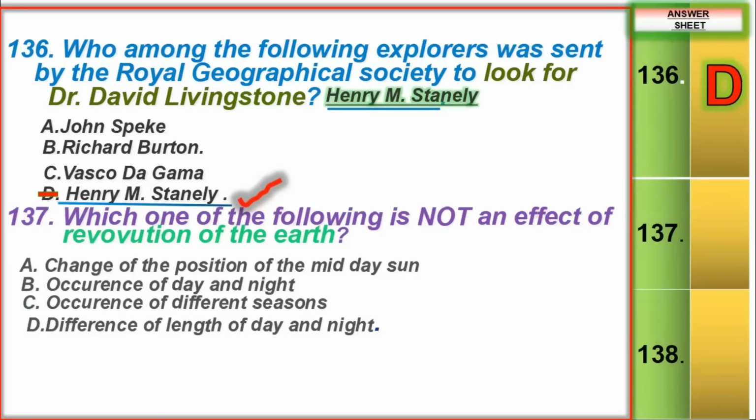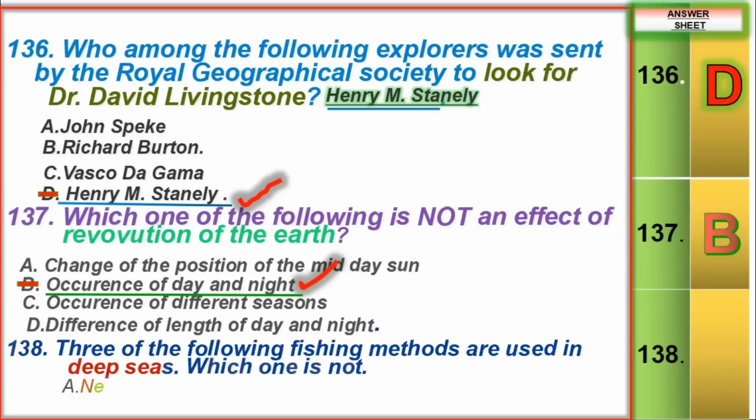So changes of the position of the midday sun, occurrence of day and night, occurrence of different seasons, difference in the length of day and night. All right. The correct answer should be occurrence of day and night. That one is for rotation of the Earth.